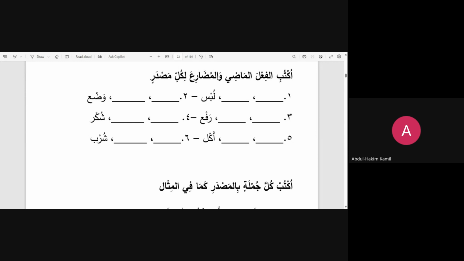Yada'u, wad'un. This is like I'm helping you in your fluency, being smooth and being fluent. Wada'a yada'u wad'un. Fataha yaftahu fathun. Fa'ala yaf'alu fi'lan. Read it smoothly.